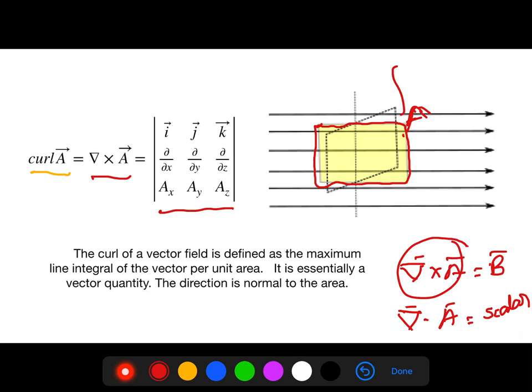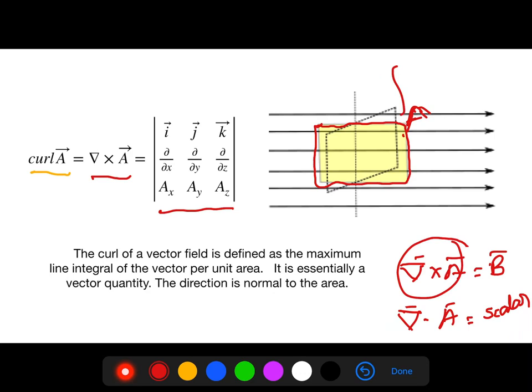In this case, the line integral of the vector around any closed path in the field is 0. As we know, the line integral over a closed path is 0. Such a field is called a non-curl field. However, there are vector fields for which the line integral around a closed path is non-zero.